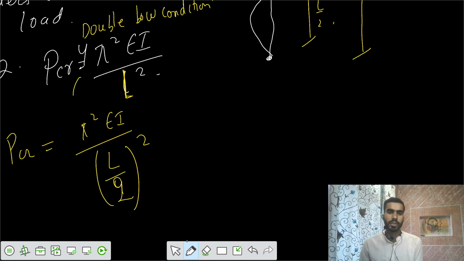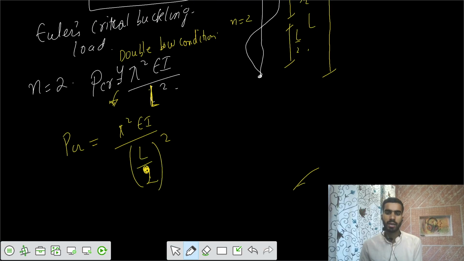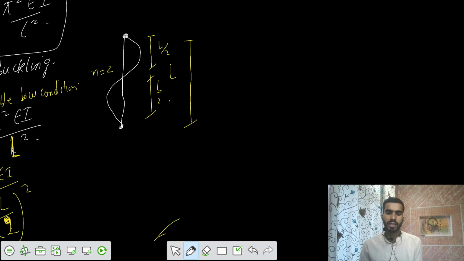So L actually here is L by 2. By changing the effective length between the two spans, your critical load also changes. It varies with the length L.